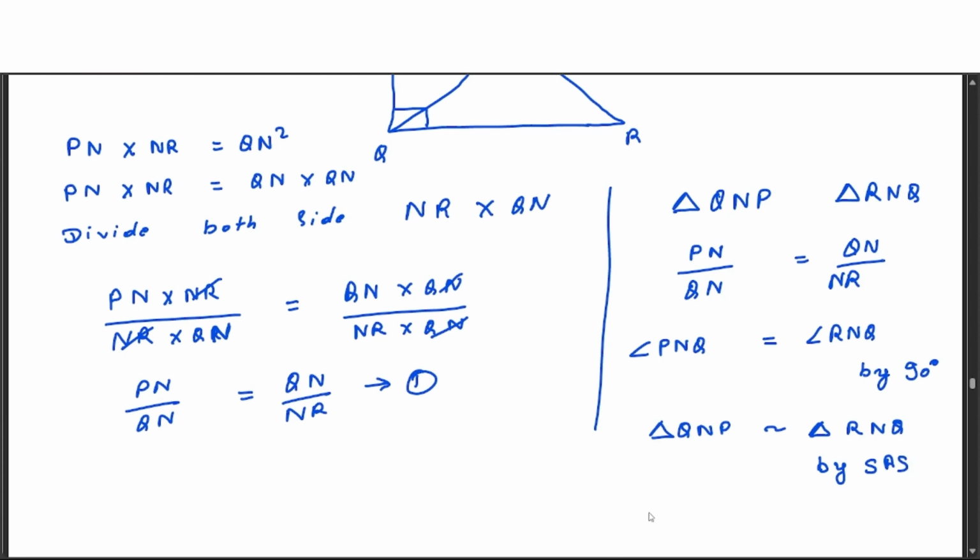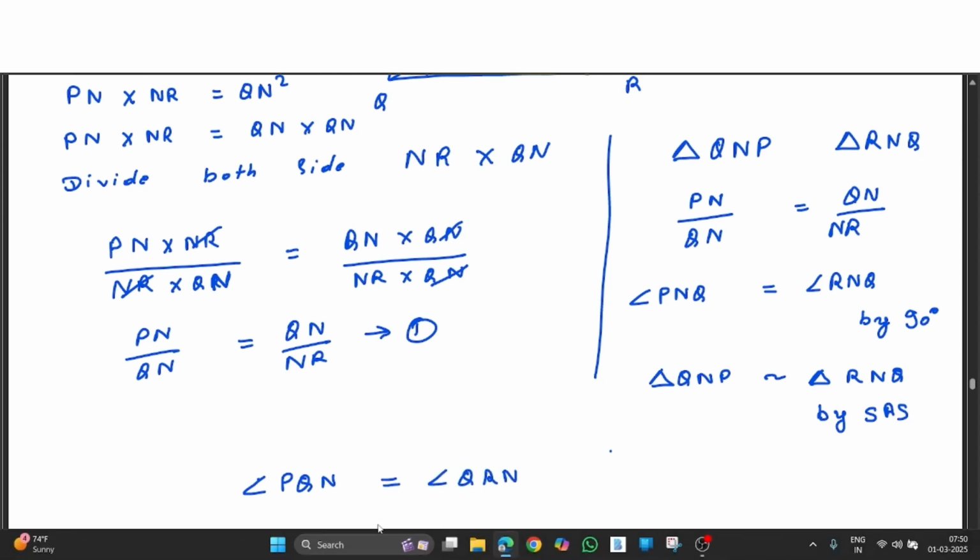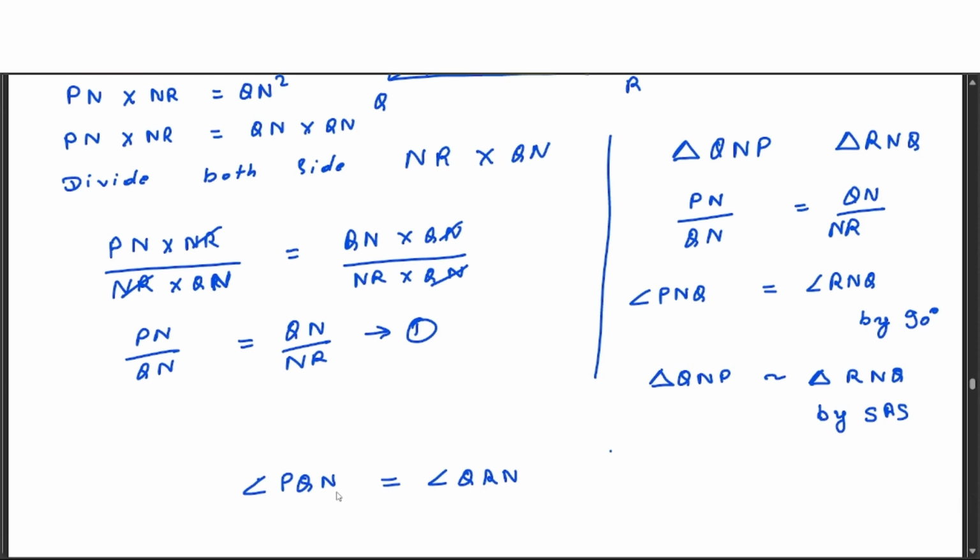So now, based on that, we can say therefore the angle PQN is equal to angle QRN, and same way we can say angle QPN is equal to angle QRN.